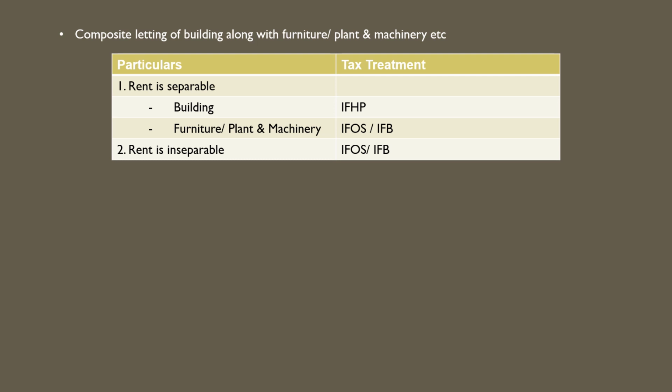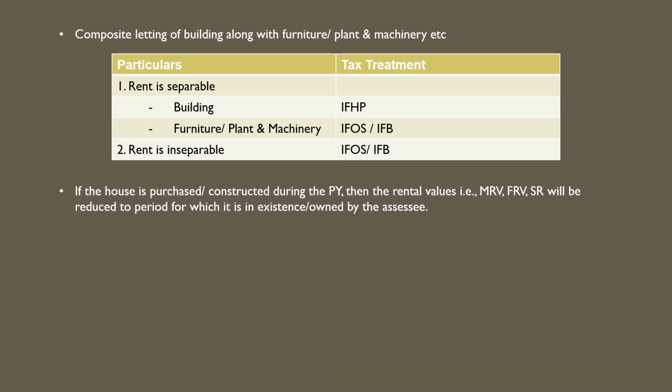If it is separable to the furniture or plant and machinery, then it is treated under income from other source or income from business. But if the rent is inseparable, then the rent received will be taxed under income from other source or income from business.